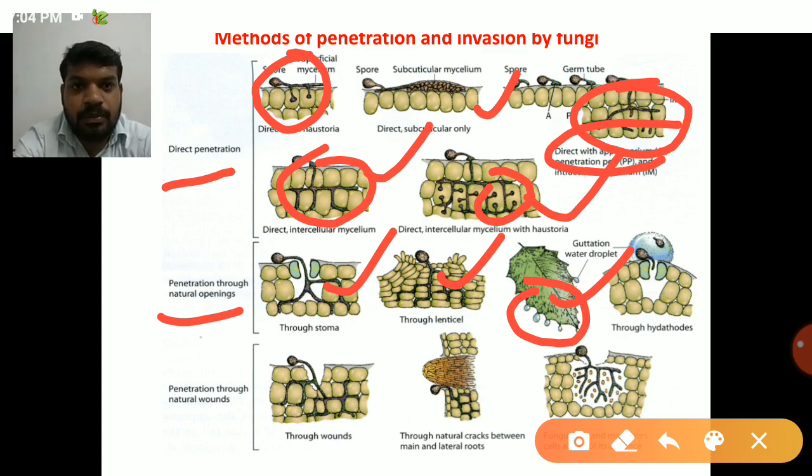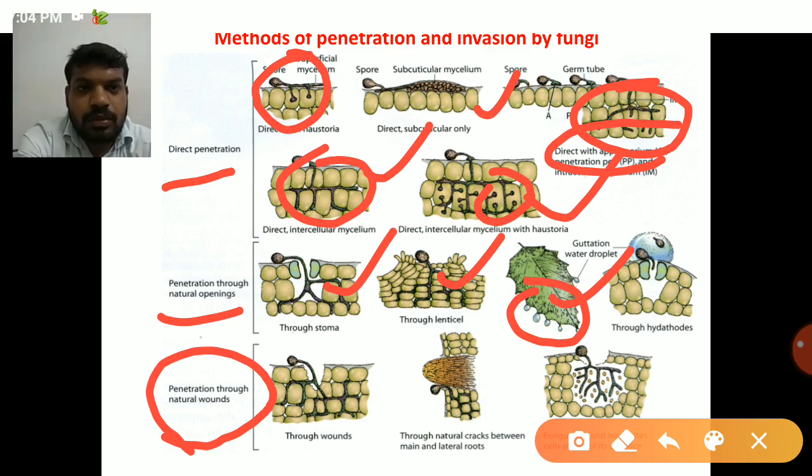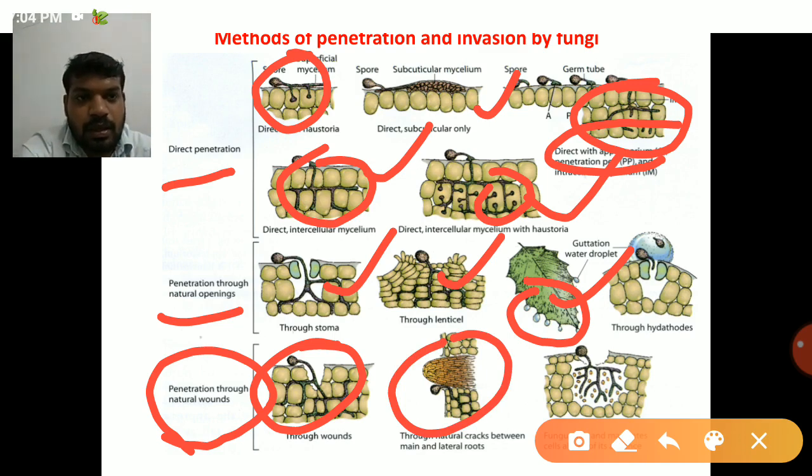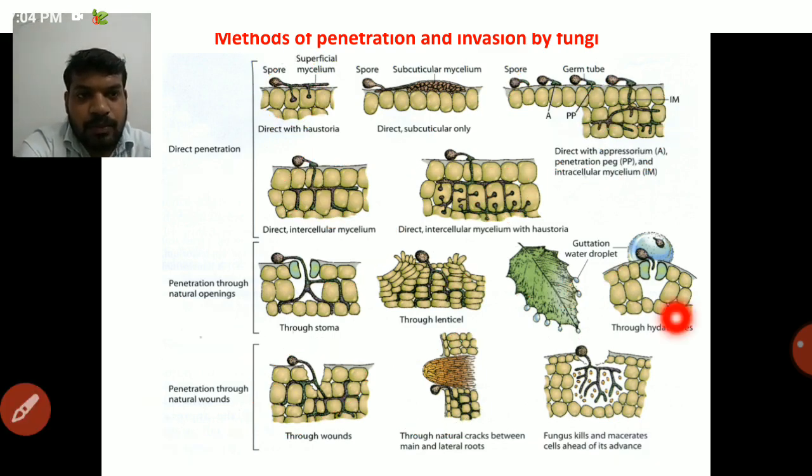like our sweating. So next one is penetration through wounds. Pathogens enter through natural wounds, and also through cracks between main and lateral roots, and the infecting fungus kills and macerates the infected tissues entering through wounds.